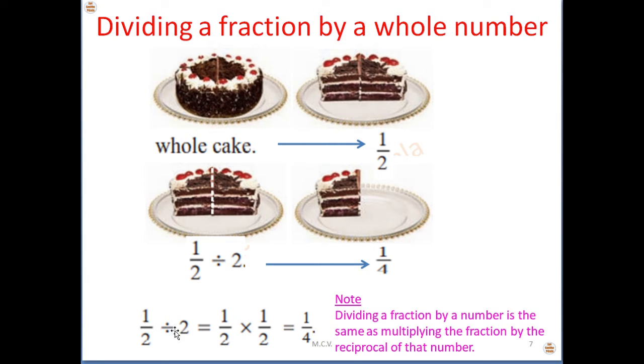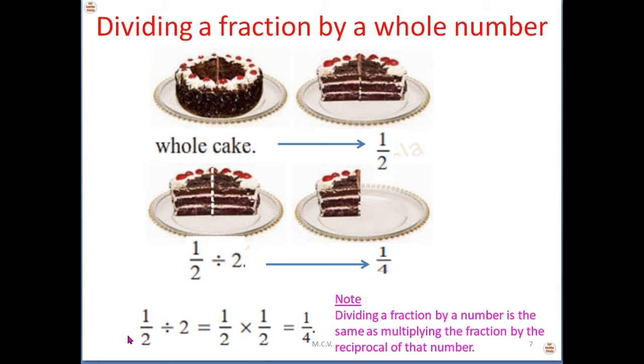So half divided by 2 is 1 over 4. This is equal to half divided by 2 equals half multiplied by the reciprocal of 2. What is the reciprocal of 2? Reciprocal of 2 is 1 over 2.